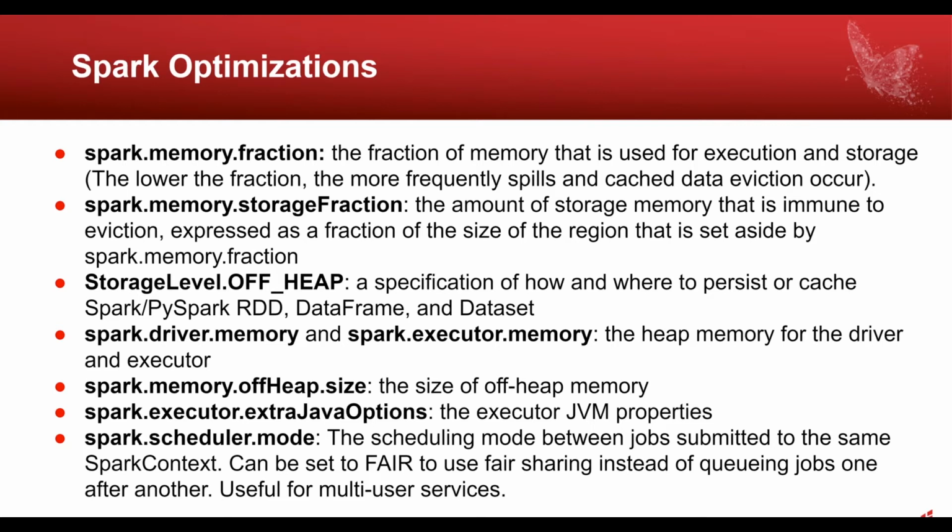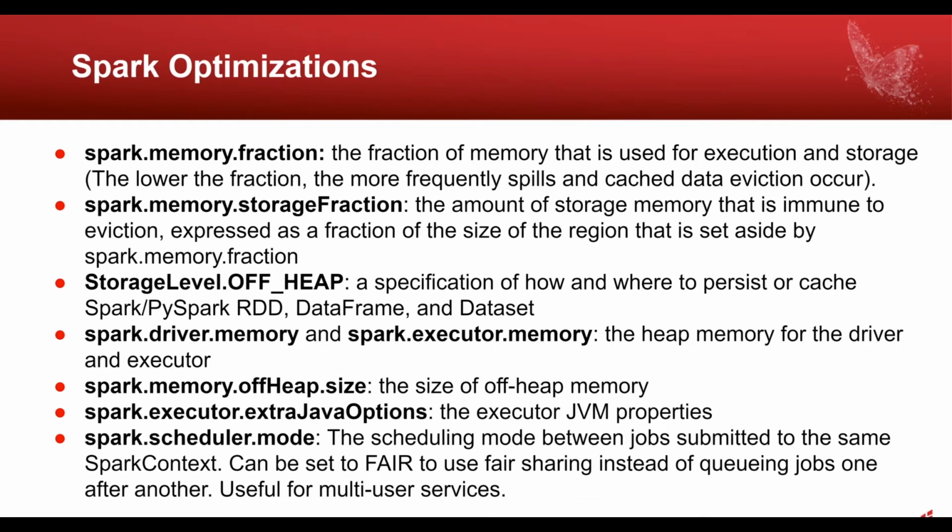Okay, next are standard parameters that I guess everybody uses: Spark driver memory and Spark executor memory. Sorry. It's the size of heap memory that will be available for driver and executor. It's clear. Off-heap size is also clear. It's how much off-heap memory will be provided to each executor.